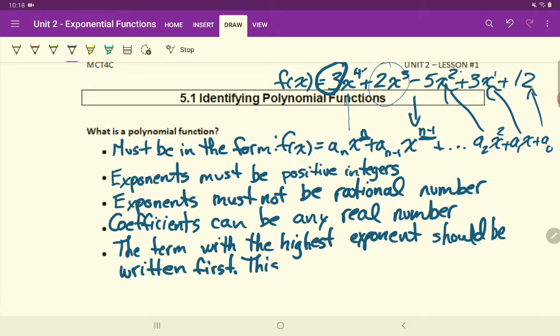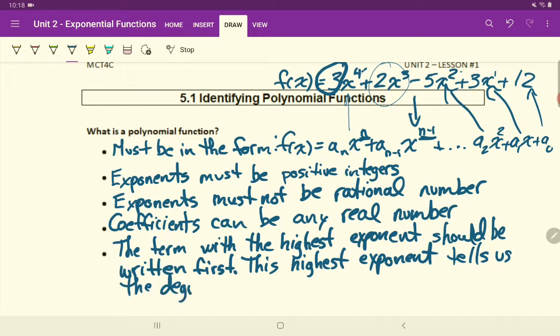This highest exponent tells us the degree of the equation. Okay, so if it gives us the degree of the equation, what does that mean?